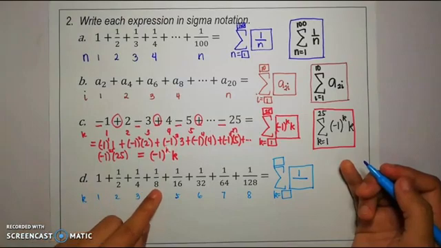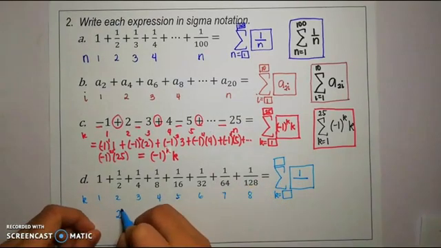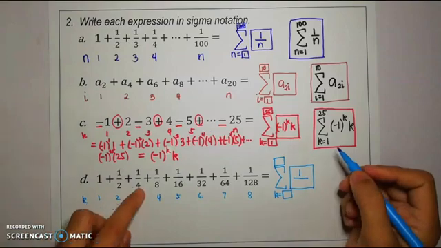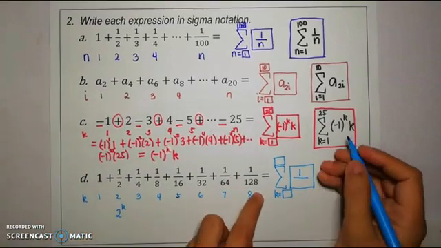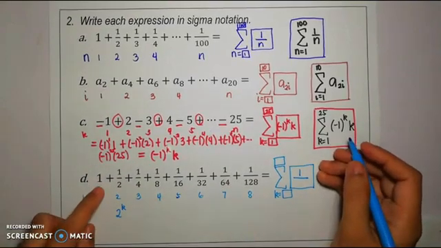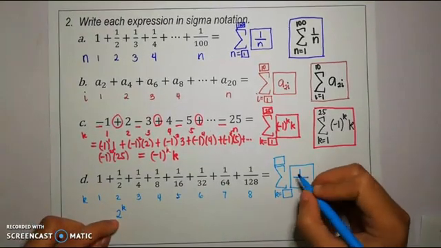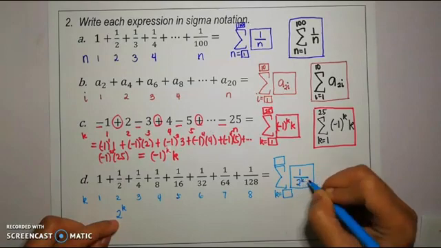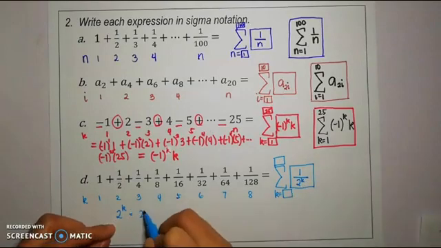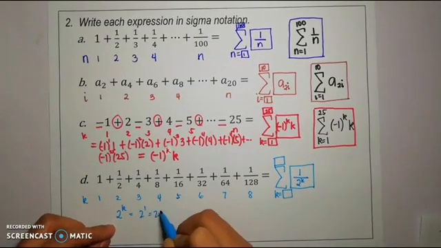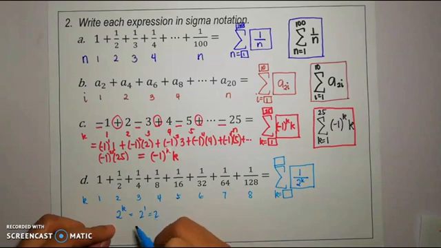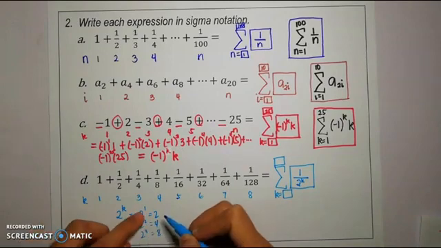We can see a pattern here: we raise 2 by the number of k values, so we have 2 raised to k, because 2 raised to 1 is 2, 2 raised to 2 is 4, and 2 cubed is 8.